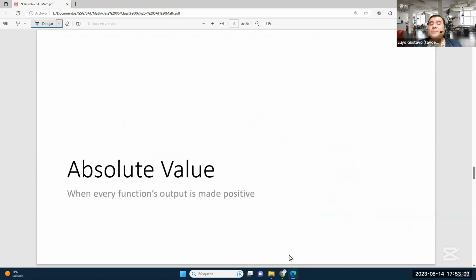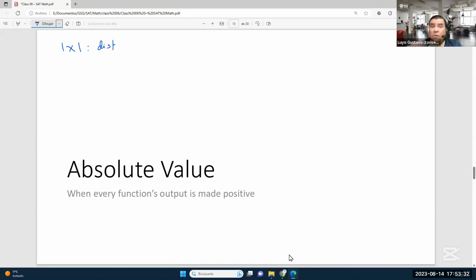Okay, so let's move on to the next topic, absolute value. Now, we've talked about absolute value. How should we interpret it? Remember, we said in a previous lesson: the absolute value of x is the distance between x and 0. That's the first concept.